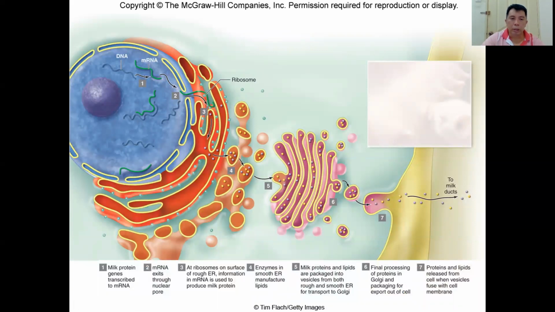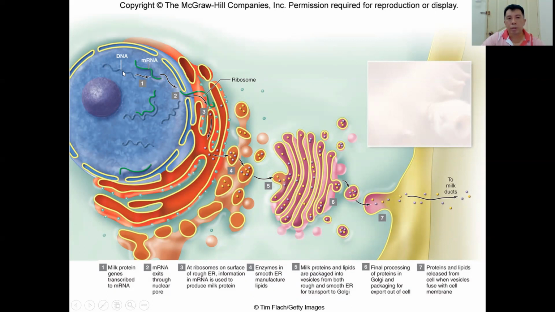All right, so this is the formation of milk proteins and the lipids in the cells. Okay, like the milk protein genes are transcribed to mRNA. So here is the DNA. Let's say here there is a gene in the DNA which is used to transcribe the milk protein.